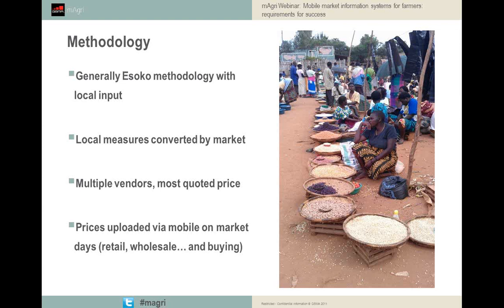It begins with market characterizations, where we go to the markets and look at the local measures that are used at each market, and convert them to a per kilo price. You can see in the picture some small bowls that are the local measure in the market in that picture.